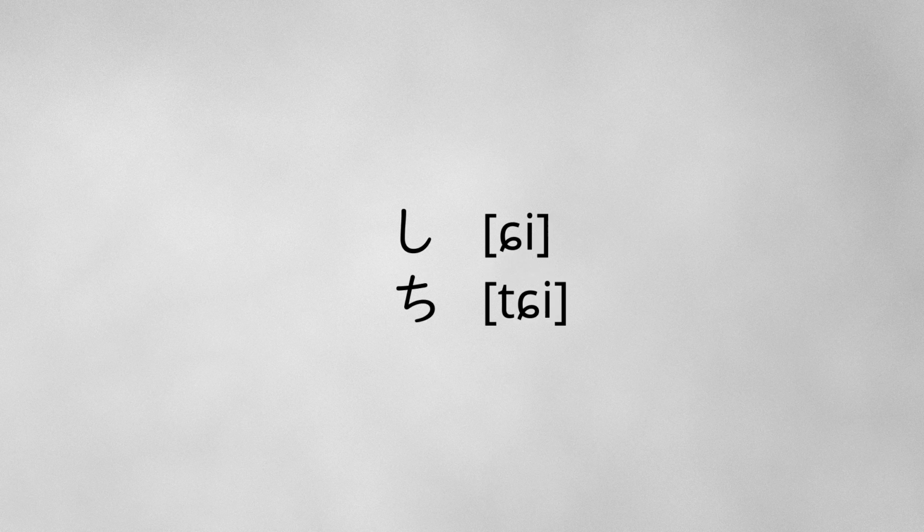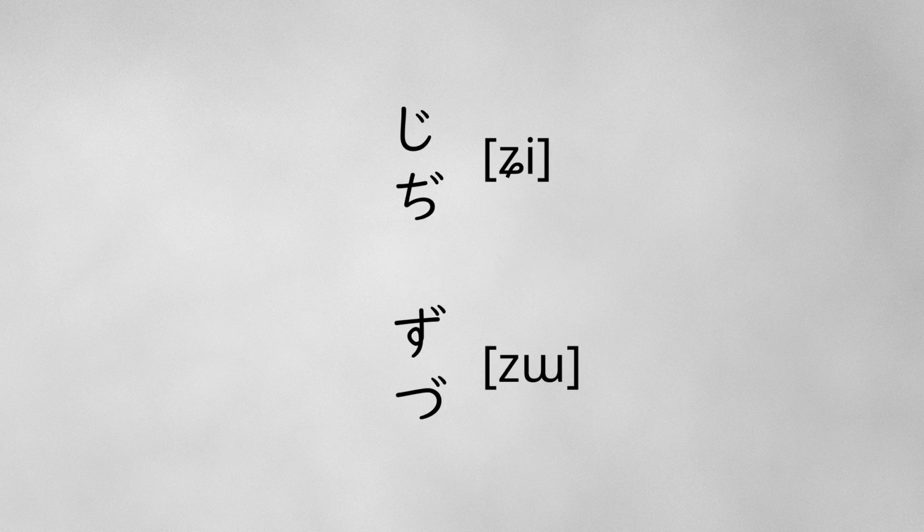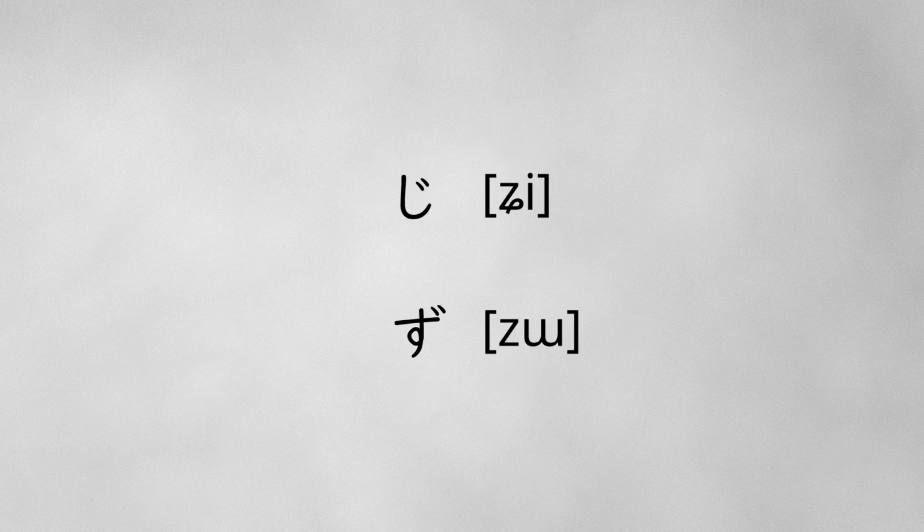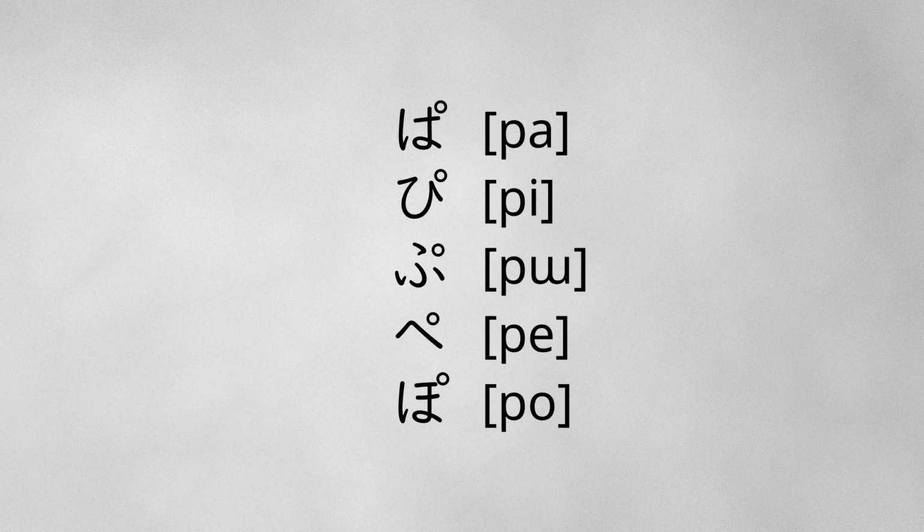As exceptions, shi and chi both become ji, and tsu becomes zu, which is the same as this zu. This creates spelling ambiguity, but most of the time the ji and zu of the sa row are used. Handakuten is a small circle, just like the degree symbol, and it's only used for the kana of the ha row, to turn ha to pa.